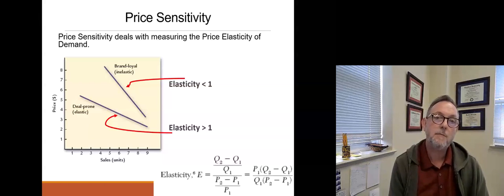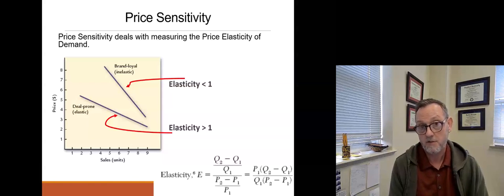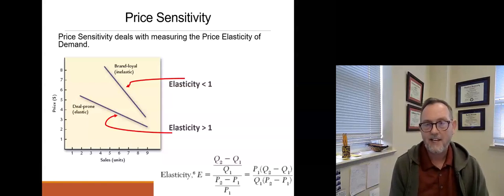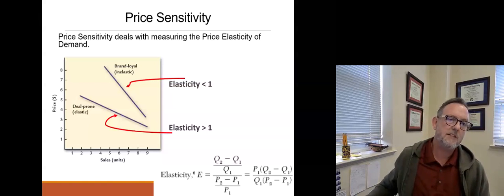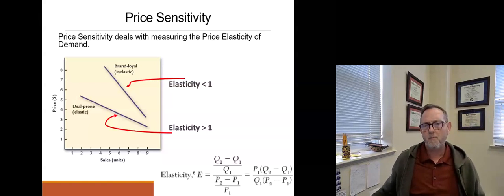But we also see this in markets as well. So some groups of consumers are more likely to respond to a deal. Others are less likely to respond to a deal. So that's how, again, in marketing, we kind of use this. Now, there's a couple different ways you can calculate this.